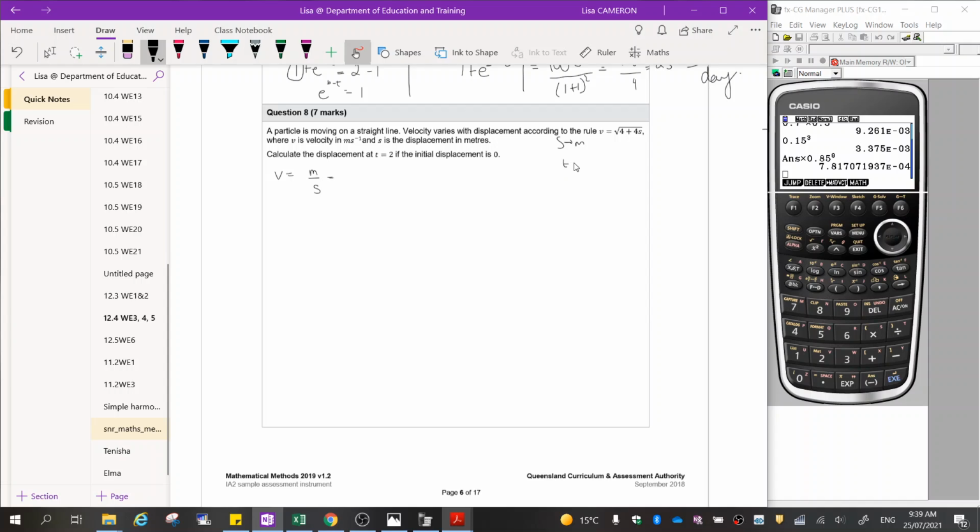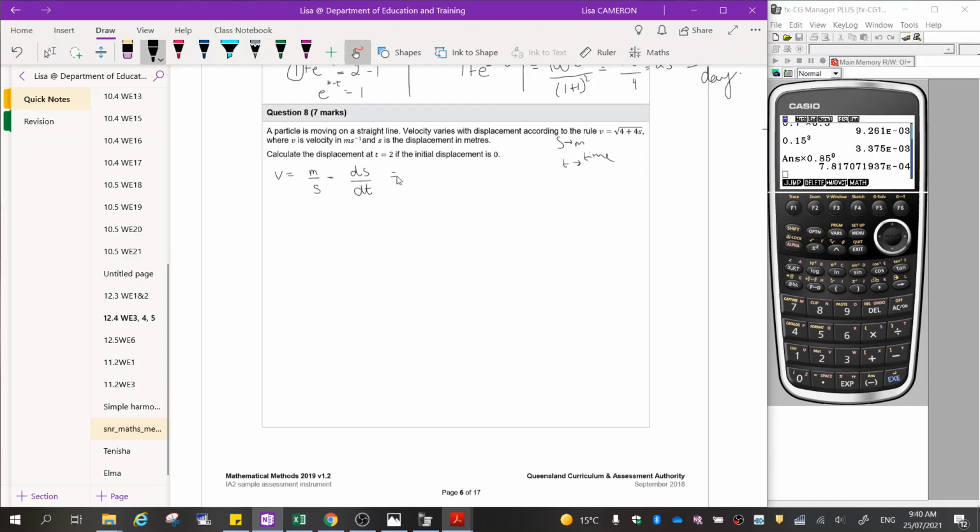And then t is your units of time. So here, when we're talking about meters per second, we're looking at ds over dt. That is our unit for velocity.